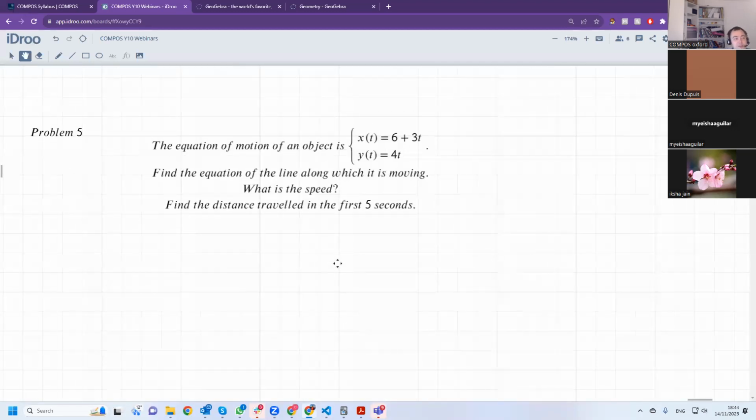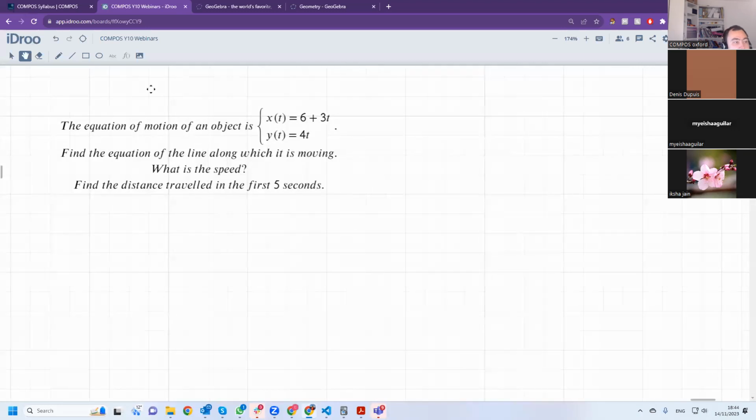The equation of motion of an object is x equals 6 plus 3t and y equals 4t. Okay, find the equation of the line along which it is moving. What is the speed? And find the distance traveled in the first 5 seconds.